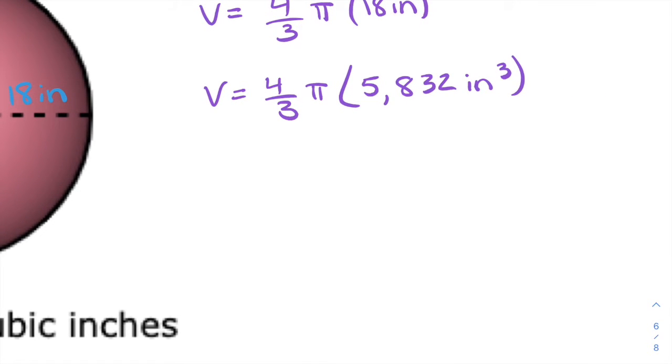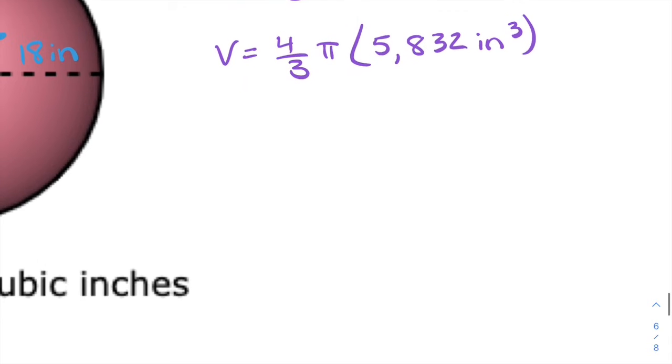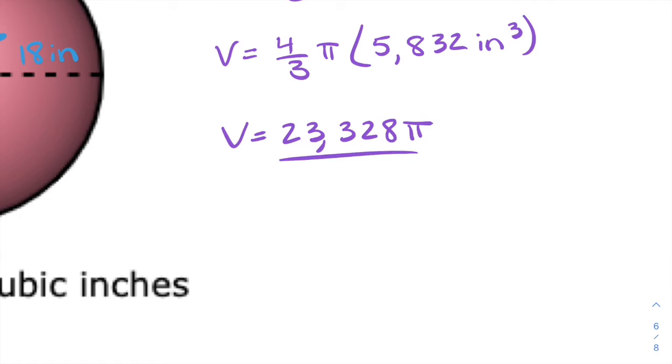And I'm going to multiply that by 4. So I have 23,328 pi over 3 inches cubed.